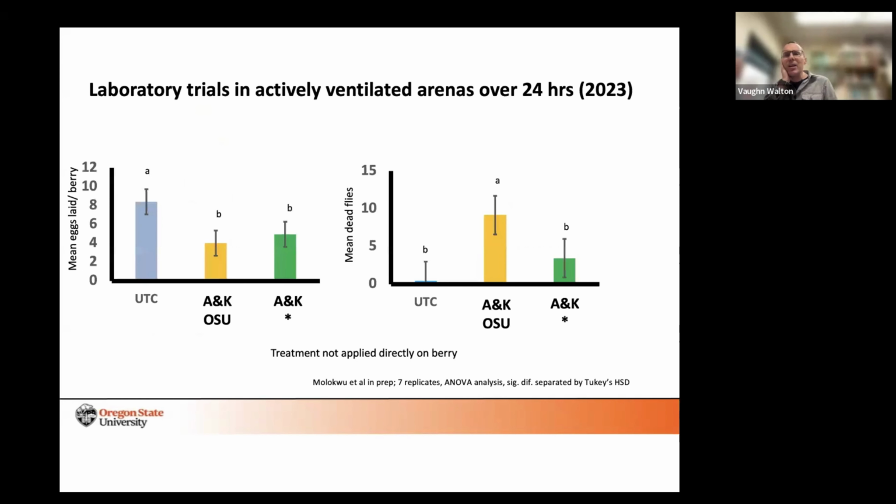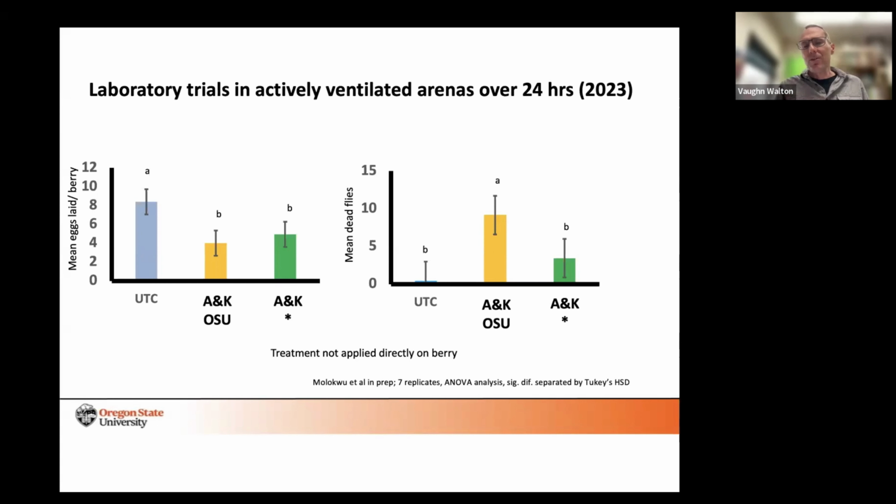Okay, I'm going to share with you a little bit on the biology of the insect here. And this is lab work showing you how attractant kill compares to an untreated control. So what we did here on the left-hand side, on both of these graphs, is we applied droplets, not directly on the berry, containing the toxicant and the attractant.